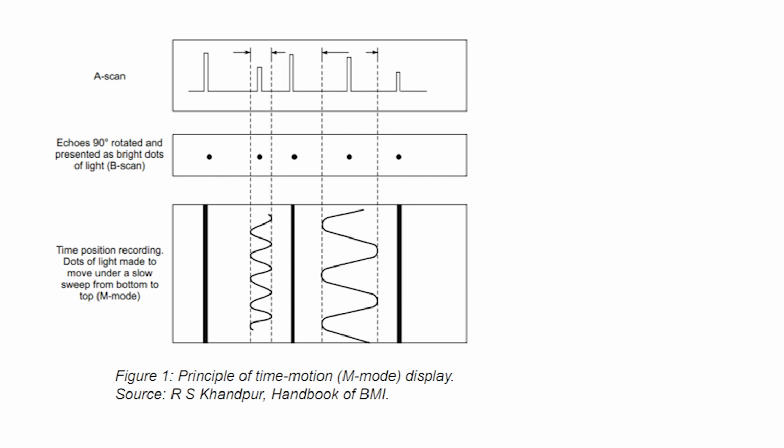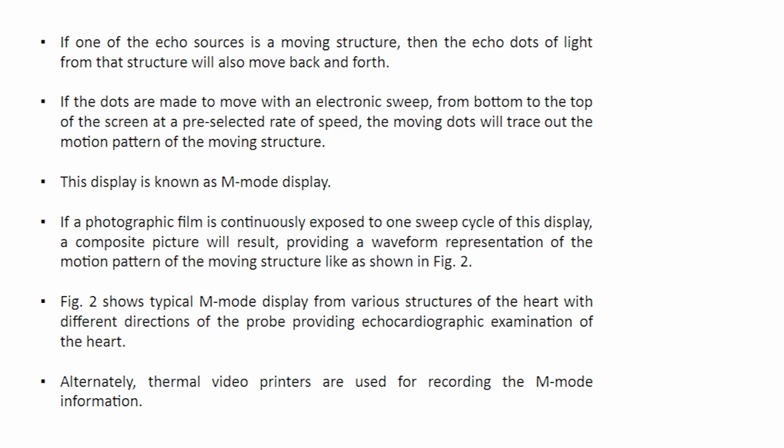If one of the echo sources is a moving structure, then the echo dots of light from that structure will also move back and forth. If the dots are made to move with an electronic sweep from bottom to top of the screen at a pre-selected rate of speed, the moving dots will trace out the motion pattern of the moving structure. This display is known as M mode display.